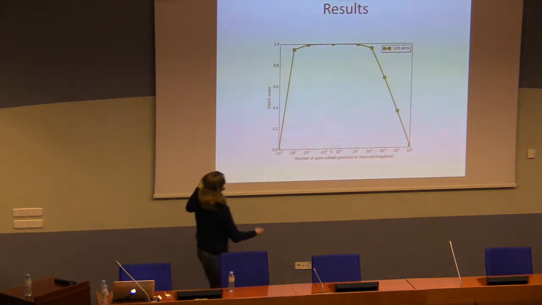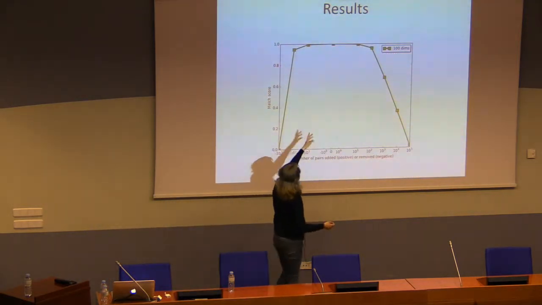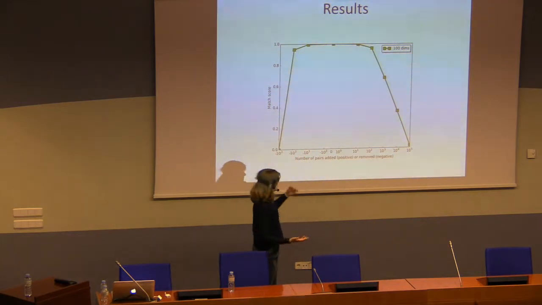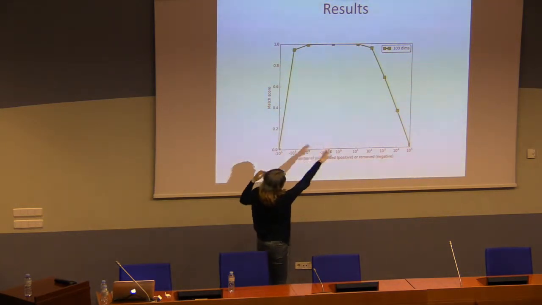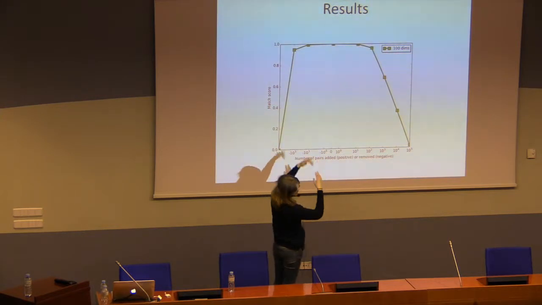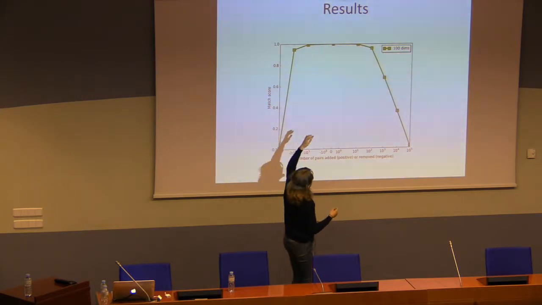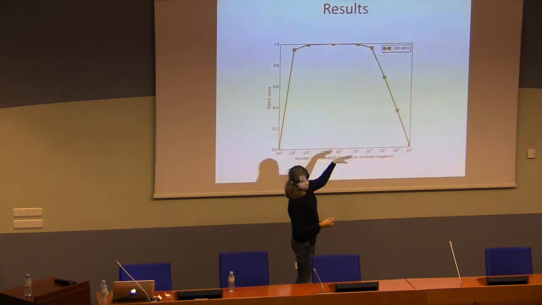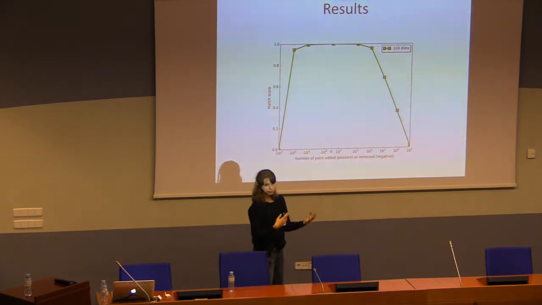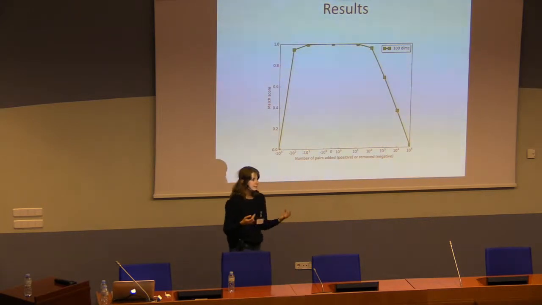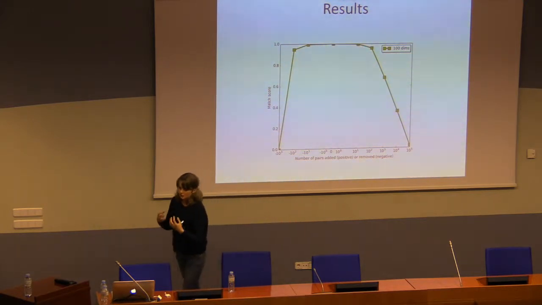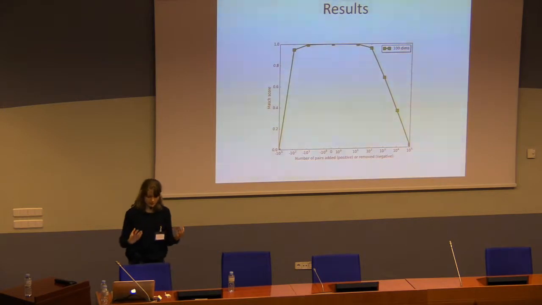So this point here is when they are identical, and the dot product is 1, as expected. And to the right, we're adding pairs. As you can see, the similarity score, the match score we call it, is decreasing gradually, bit by bit, as we add in more pairs to the second structure. So what that tells us is that in the beginning, yes, they're similar and it's behaving as expected.